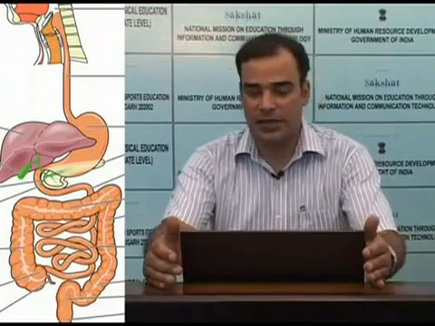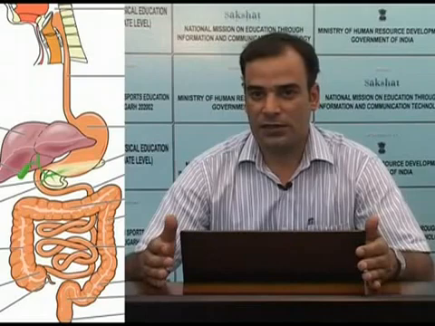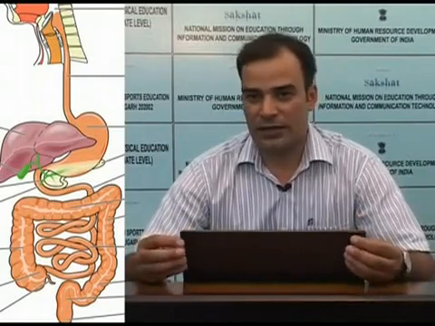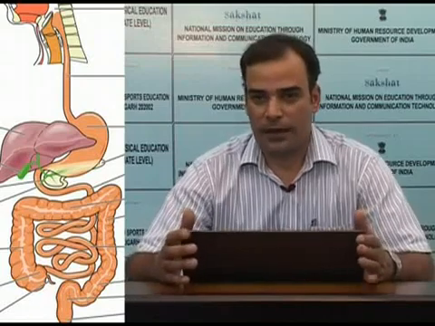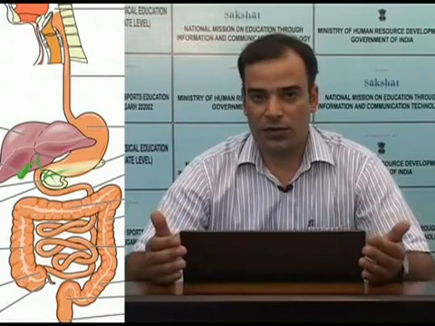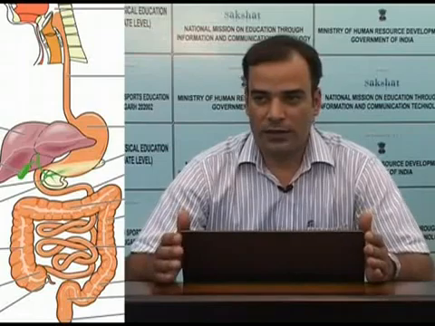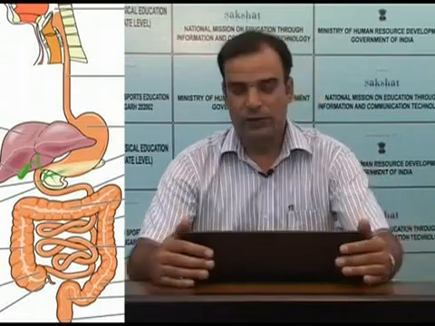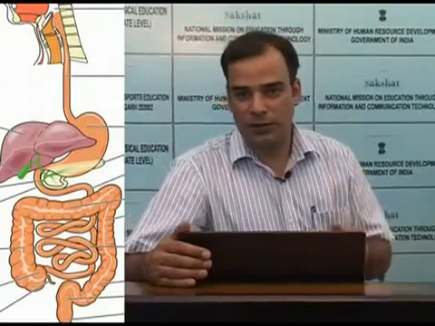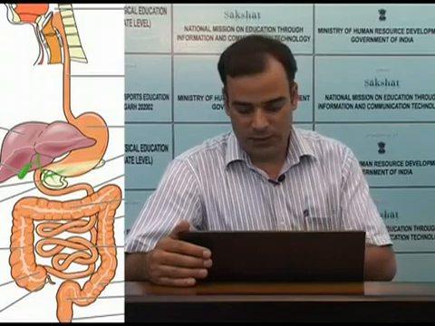Likewise, the large intestine is also divided into certain parts. First, the part that joins with the last part of the small intestine is called the cecum. Following the cecum are the ascending colon, then the transverse colon, then the descending colon, sigmoid, rectum and anus. So, these are actually the parts of this muscular tube. That's why these are called primary digestive organs.